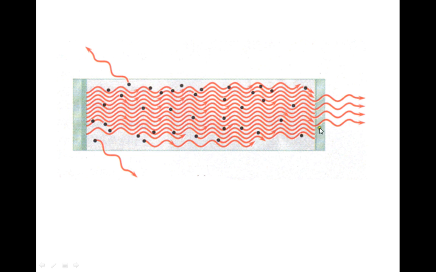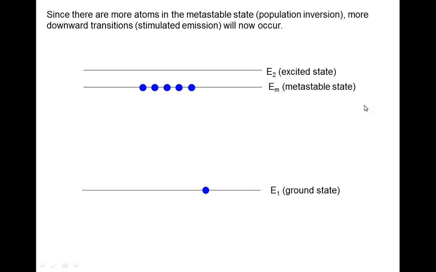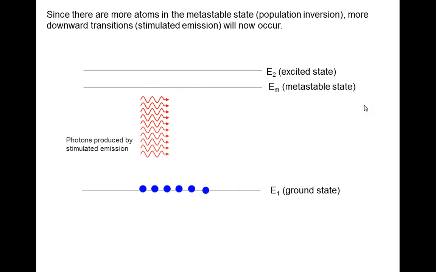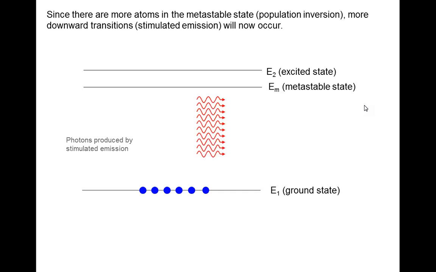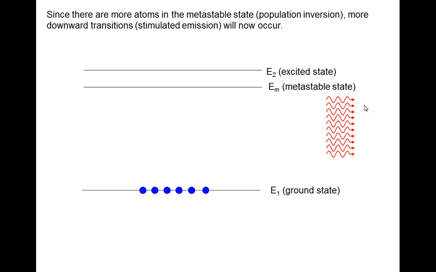Once a suitable amount of photons have been accumulated, this partial mirror, if 90% reflective, will allow 10% of light to pass through, which means that for every 100 photons hitting it, 10 photons will exit. So here we see that the stimulated emission occurs when the correct photon enters and de-excites the electrons in the metastable state.